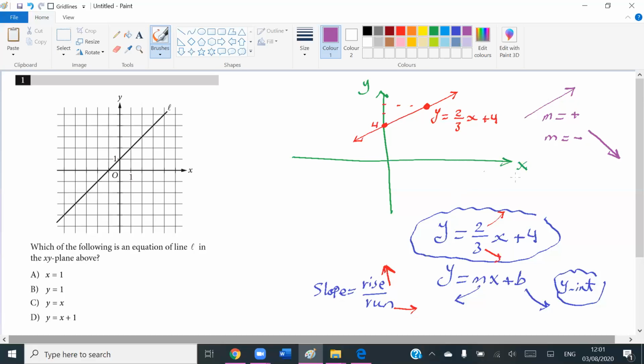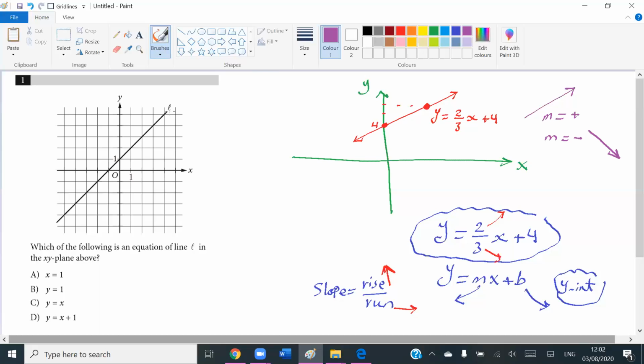This is just an idea of how to graph a linear equation. Linear equations mean a straight line, not a parabola, not an exponential function. We have many types of equations we will discuss later, inshallah.